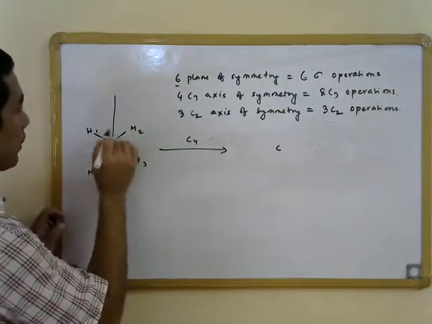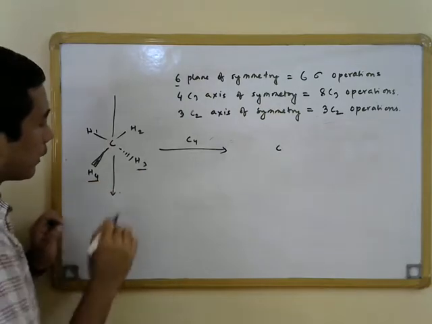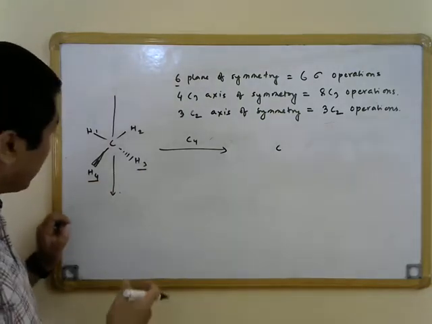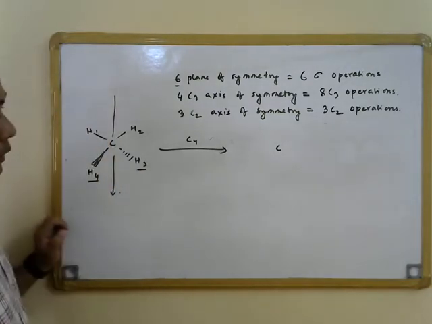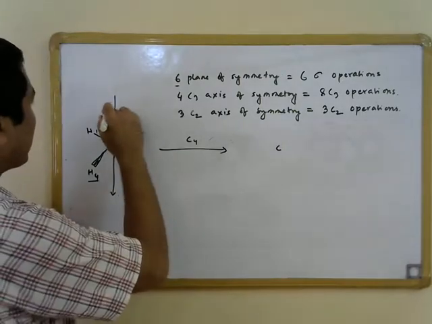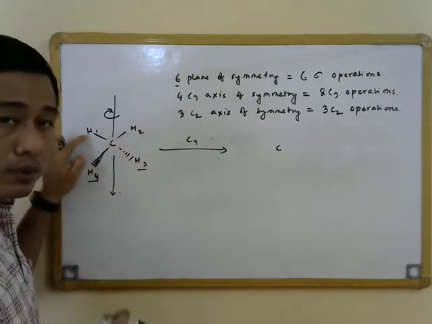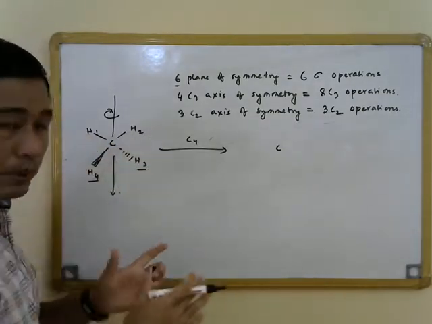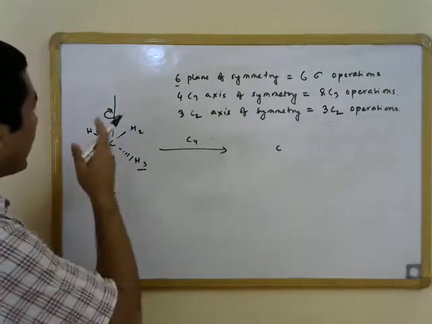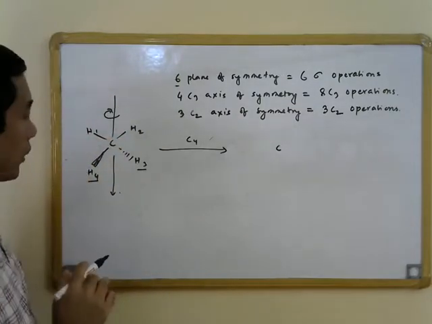These two hydrogen atoms lie on the plane of the board, while these other two hydrogen atoms lie on a plane which is perpendicular to the plane of the board. So when we do a rotation of 90 degrees with respect to this axis, these two hydrogen atoms which initially lie on the plane of the board will now lie on a plane which is perpendicular to the plane of the board.